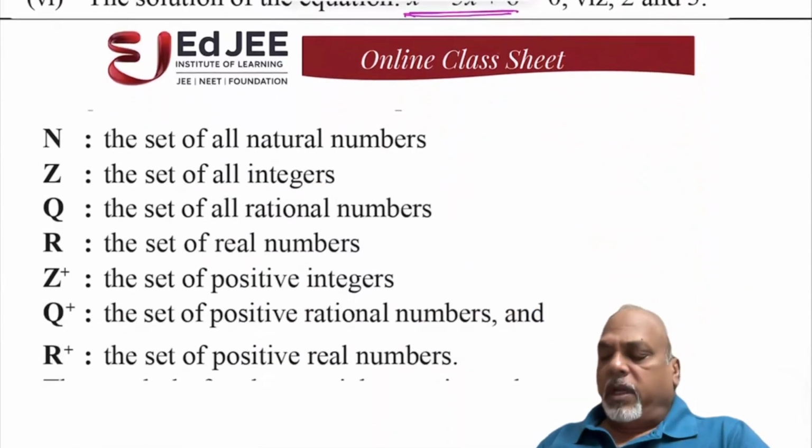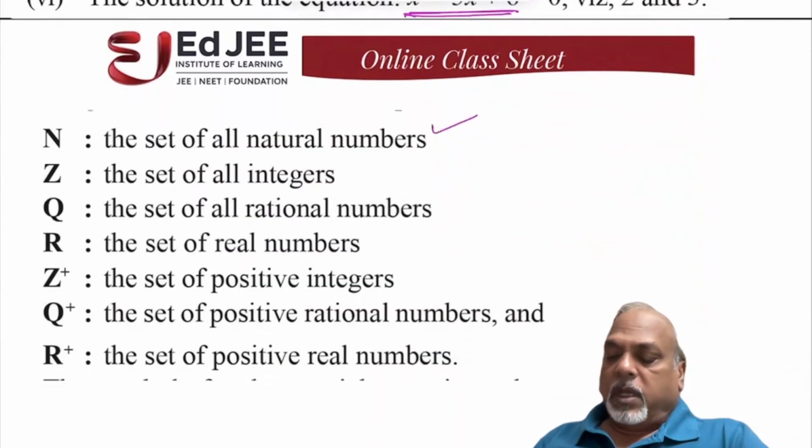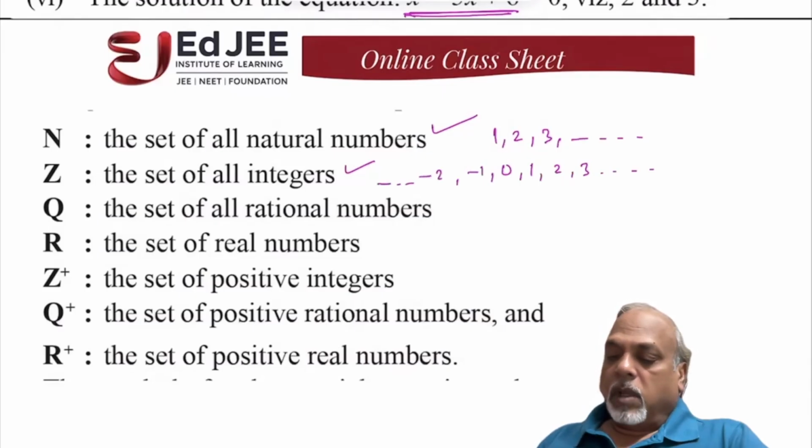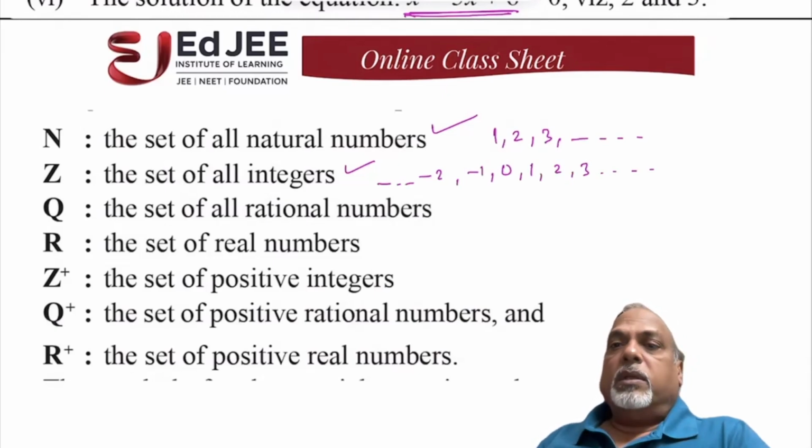You must have seen in your earlier classes the set of natural numbers, set of all integers, correct? Then set of all rational numbers.